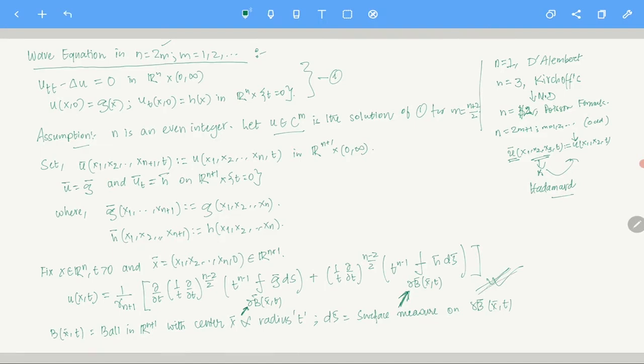This is for a fixed t. This is a ball, but as t moves on, the radius is changing, right? So from t equals 0, this will form a cone. When t is very small, this is a small ball; as t becomes bigger and bigger, this gets bigger and bigger, right? That is why we are saying this is a cone.